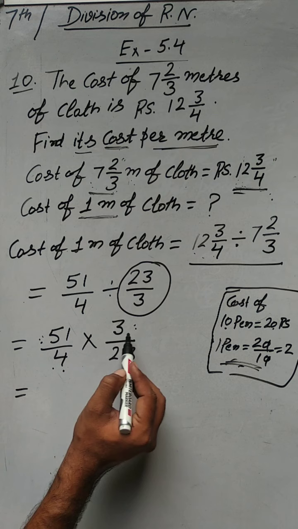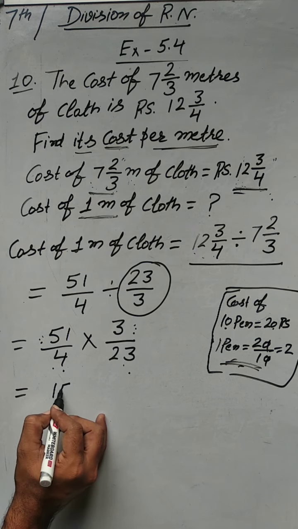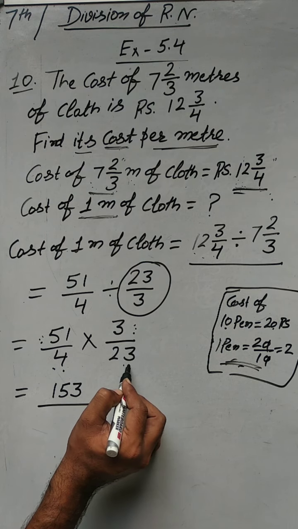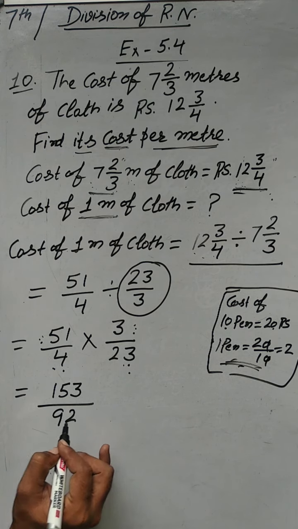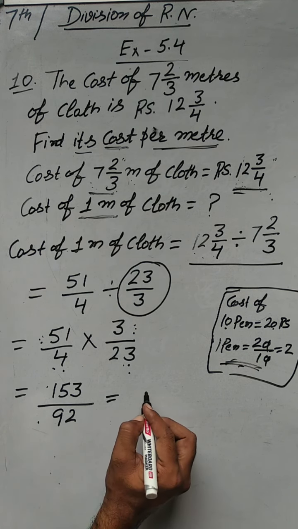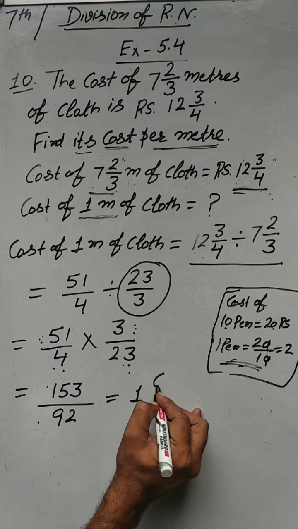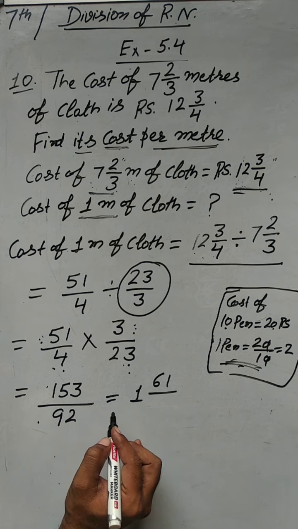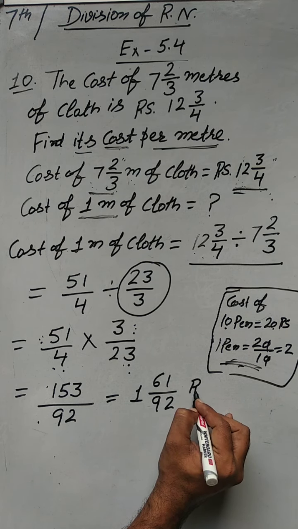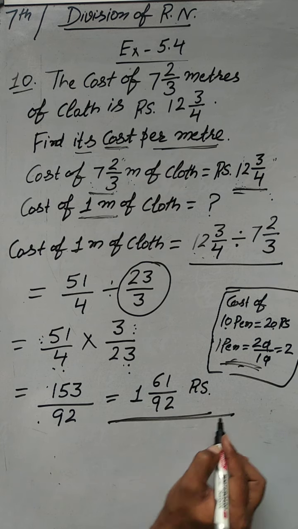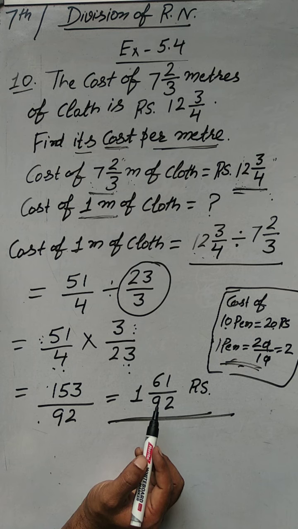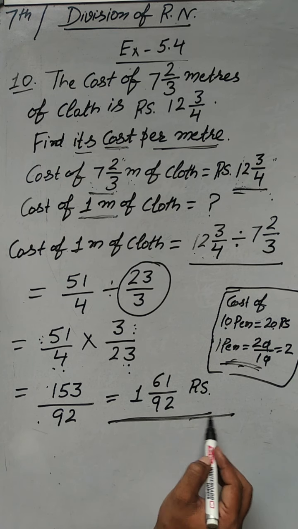So 51 multiply 3 is equal to 153. 4 multiply 23 is equal to 92. Now change it into a mixed fraction. When you change it into a mixed fraction, it will become 1 and 61/92 rupees. Clear, beta? Means cost of 1 meter of cloth is 1 and 61/92 rupees. Understood?